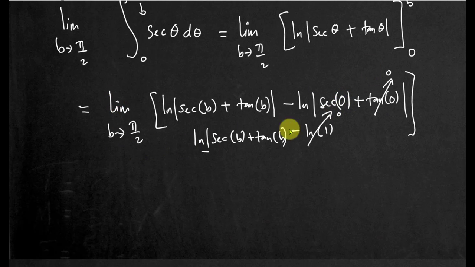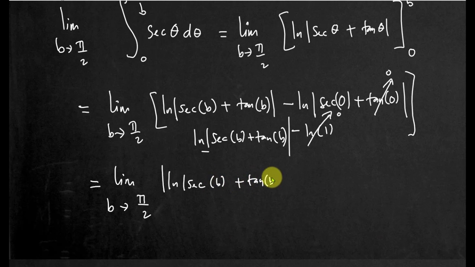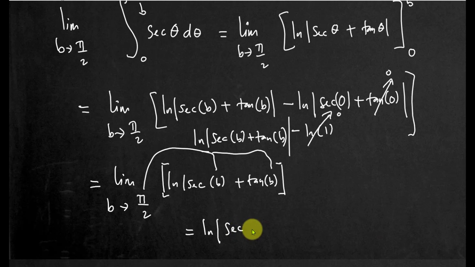And we still have the limit of this term. So now we have the limit b approaching pi over 2 of this term right here. So we still have ln of secant of b plus tangent of b. And now it is time to plug in the b value here and also here. So that will give me ln, this is the bracket outside, so this is ln of the absolute value of secant of pi over 2 plus tangent of pi over 2.